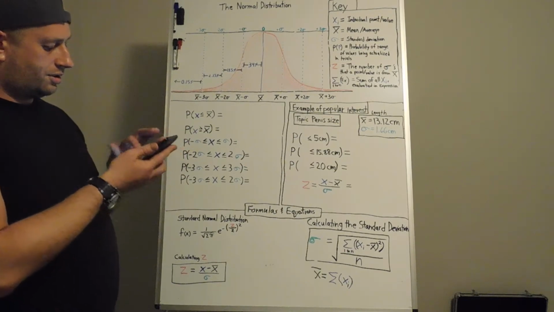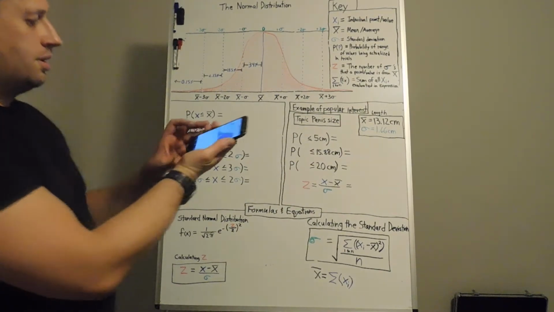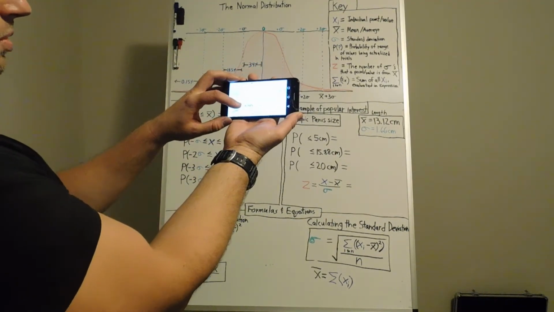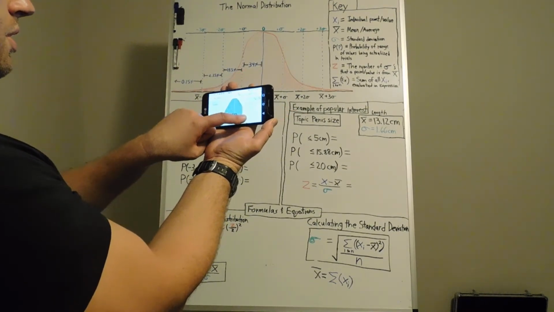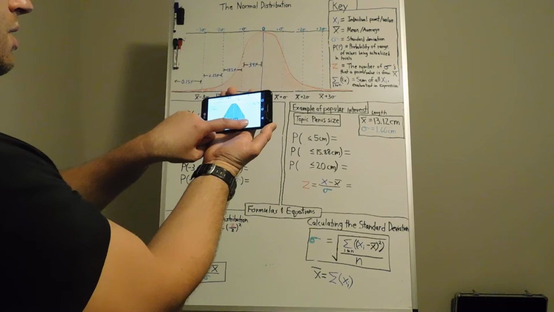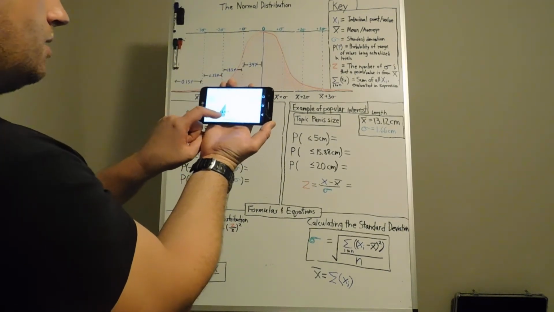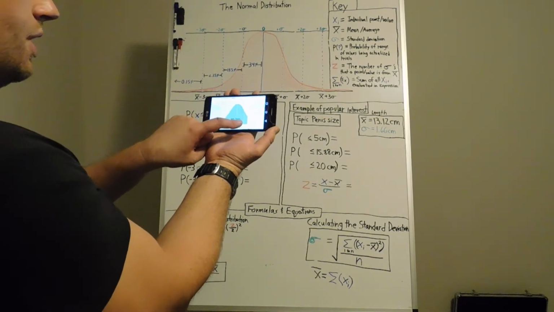So if I unlock this, it can show you, if you move your finger along, you can actually see the percent probability of some point being wherever the end of that ends.